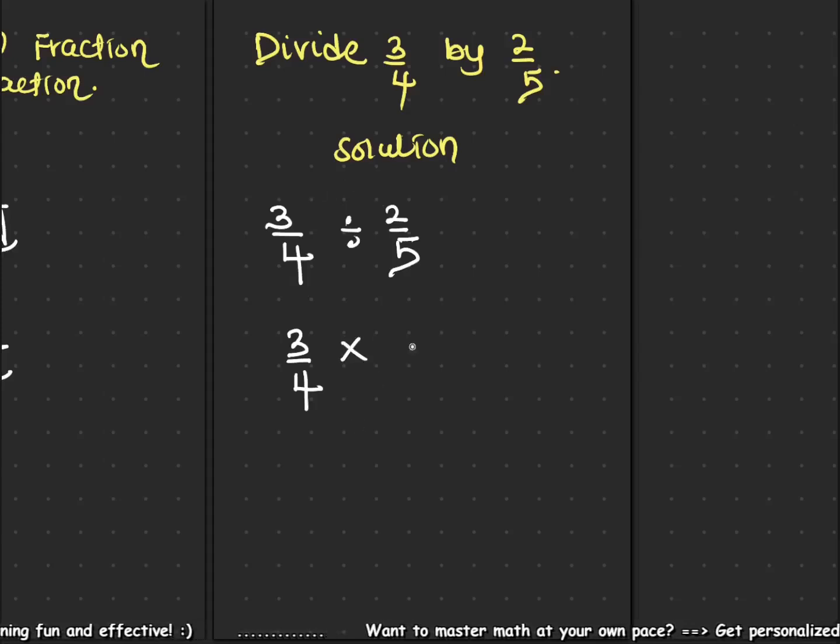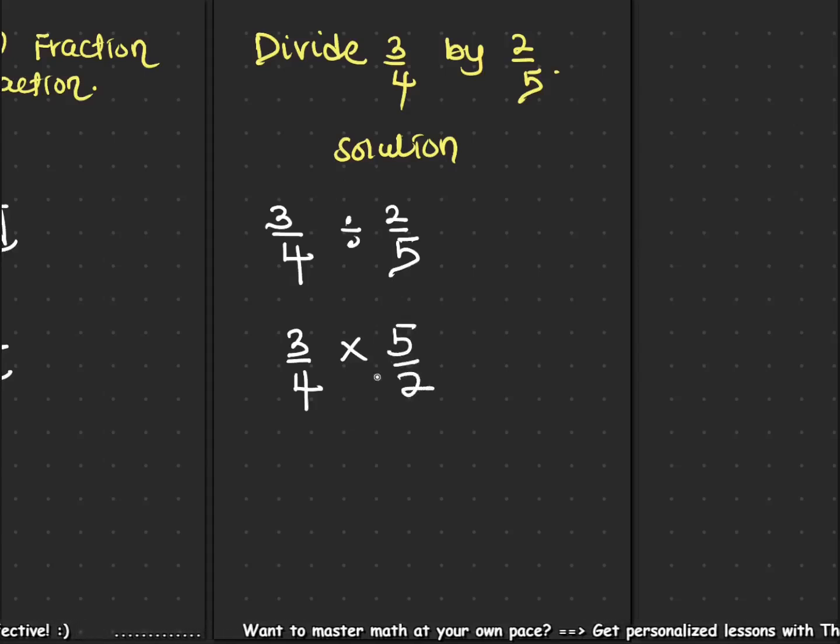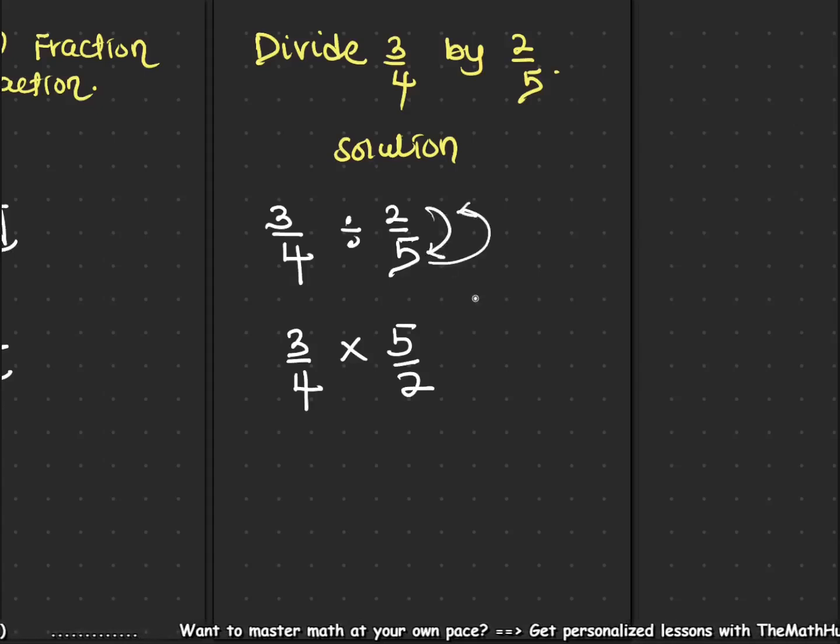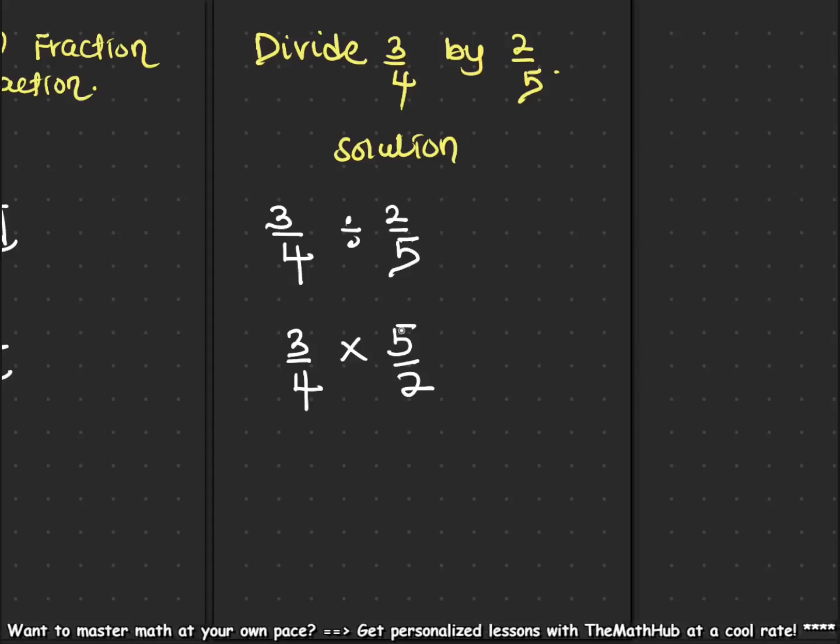So times, instead of 2 over 5, we write it as 5 over 2. All we have done is interchange the numerator and the denominator. The numerator has become the denominator, and the denominator has become the numerator. That is, instead of 2 over 5, we have rewritten it as 5 over 2.